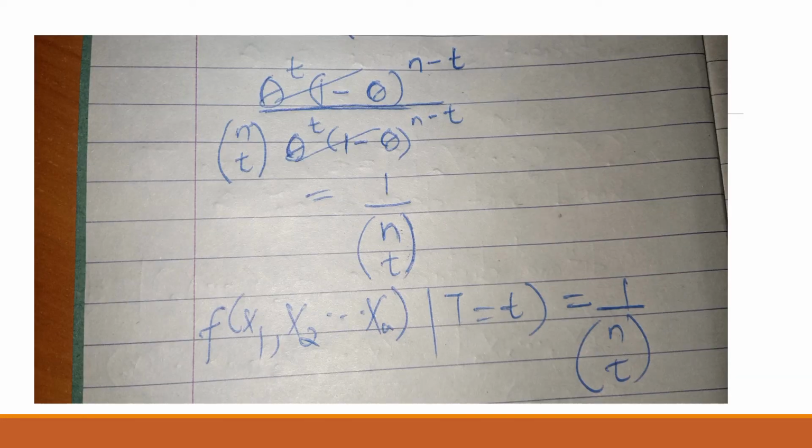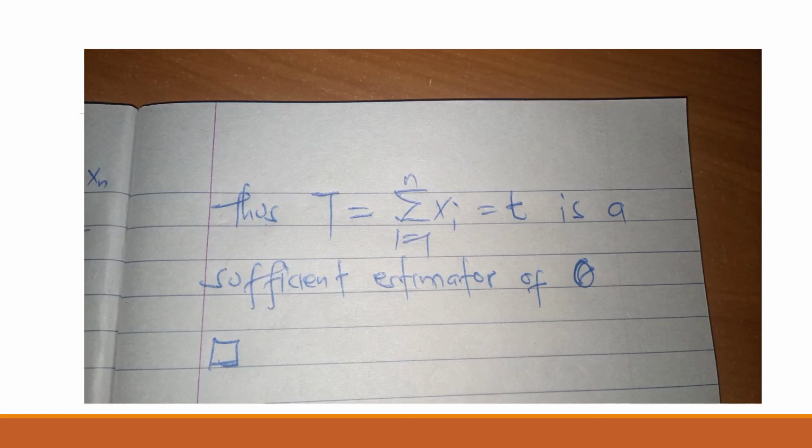So we have the probability of x1 times the probability of x2 times all the way to the probability of xn, divided by the probability of T equal to t. So theta power t, (1 minus theta) power n minus t, over n combination t, theta power t, (1 minus theta) power n minus t, is equal to 1 over n combination t.